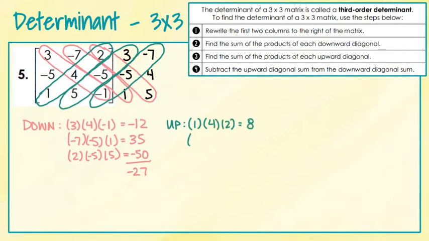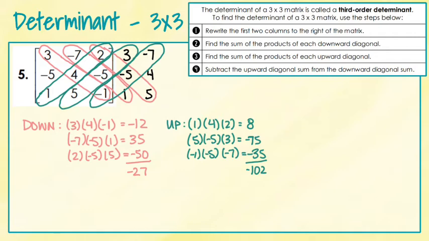We're going to get 5 times -5 times 3, which is going to give us -75. And the last one is -1 times -5 times -7, which is going to be -35. We're going to add these together to get -102.